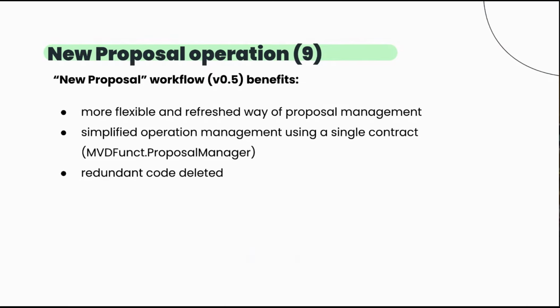We have a simplified operation management using a single contract, because as I said before, the functionality proposal manager contract in the 0.5 is very important: it's the contract that manages the whole new proposal workflow. And then the last point, we deleted some redundant code.